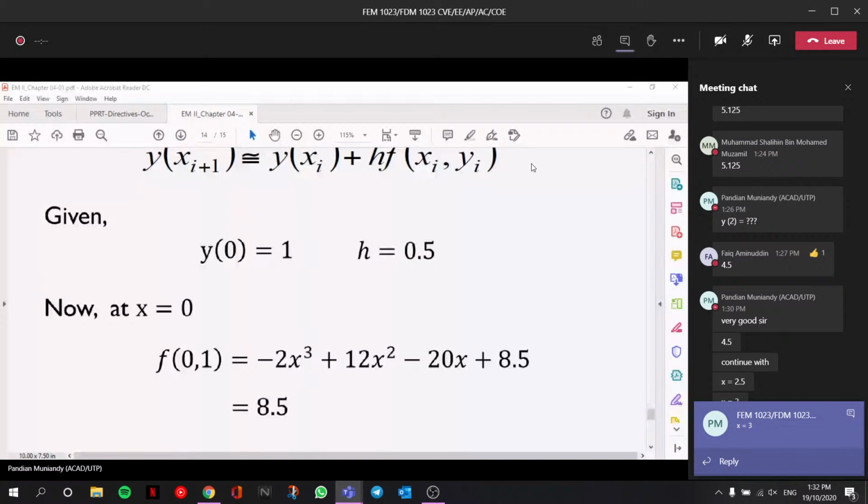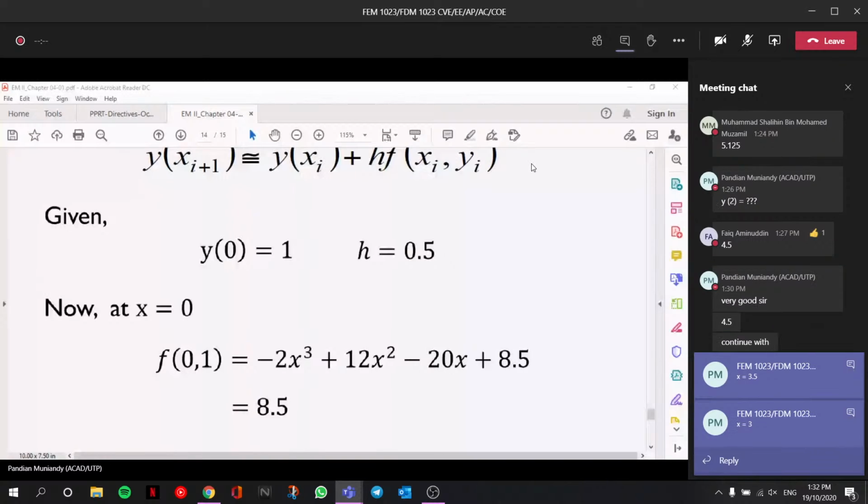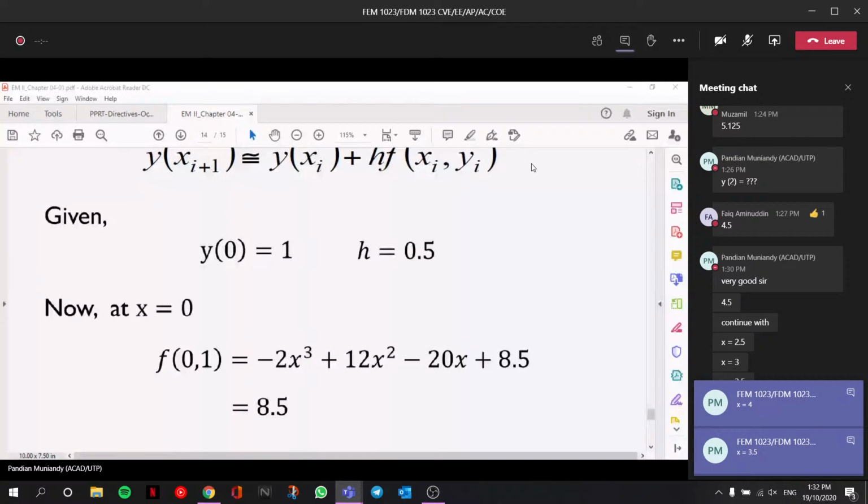And then x equals to 3.5. And then the last one is x equals to 4, then you can stop.